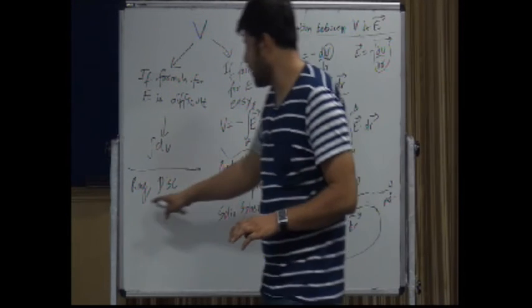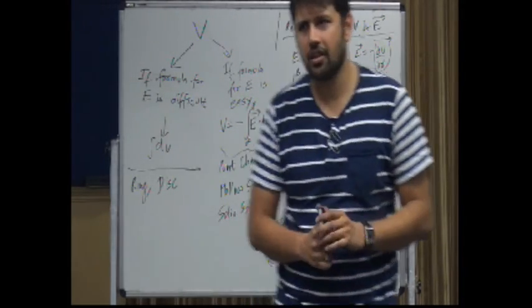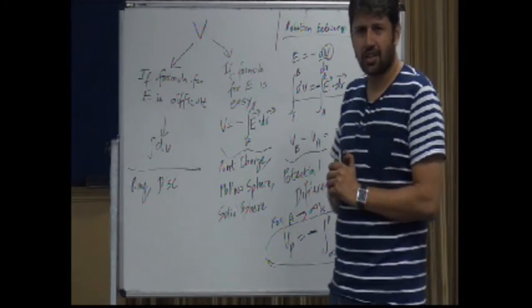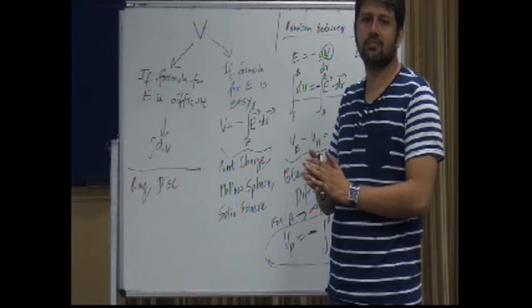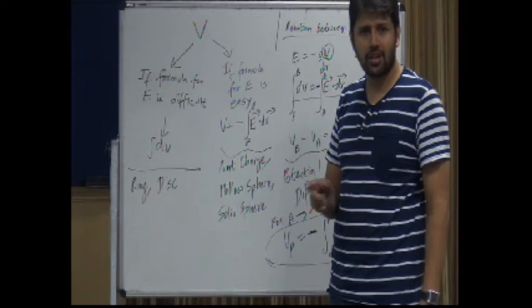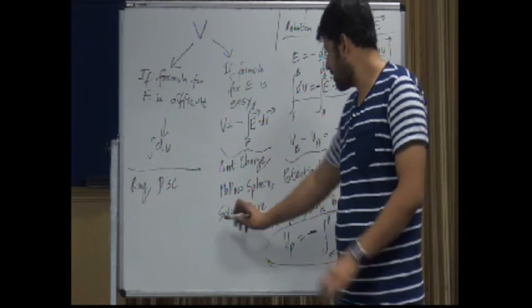There can be that rod we did, line charge and all. For line charge, is the formula difficult or easy? For line charge, it is 2k lambda by r. That's easy. You can solve it here.